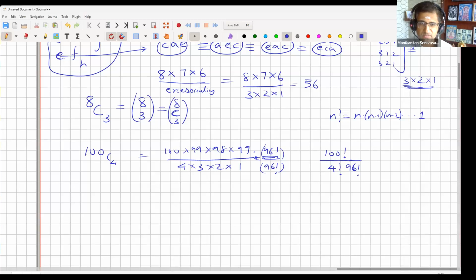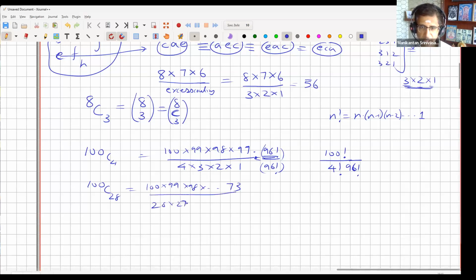Right? So just for convenience, it's better to write it this way, in terms of just factorial. For example, suppose it is 100 choose 28. Then I have to write 28 numbers in the numerator all the way from this till I think 73, and then I have to write 28 into 27 all the way. At least the bottom I can replace with 28 factorial. But the top, I'll have to either resort to some shortcut like putting dot, dot, dot and taking 73, which becomes clumsy.